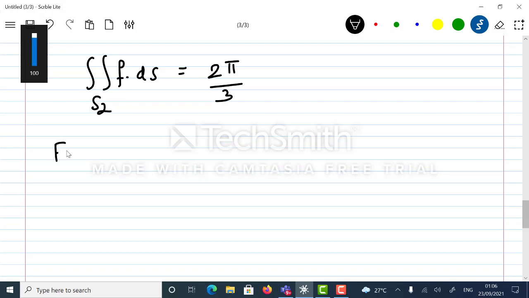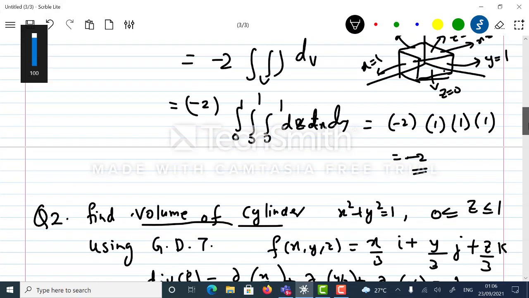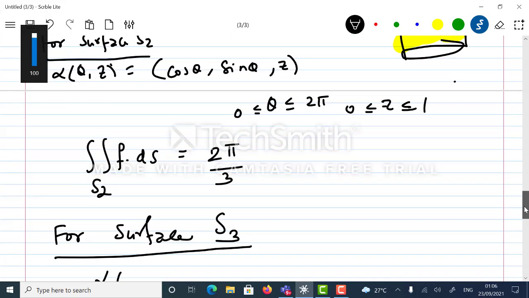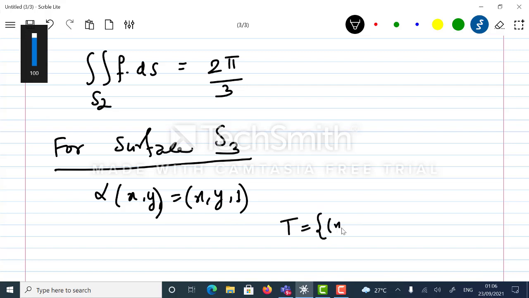And now for surface S3, how will it go for the surface S3? It is the alpha, because for surface S3, that upper part, the topmost part, that is z is equal to 1. So similar to before, x comma y and 1, and you can say that T is the set of all x comma y such that x square plus y square is less than or equal to 1.